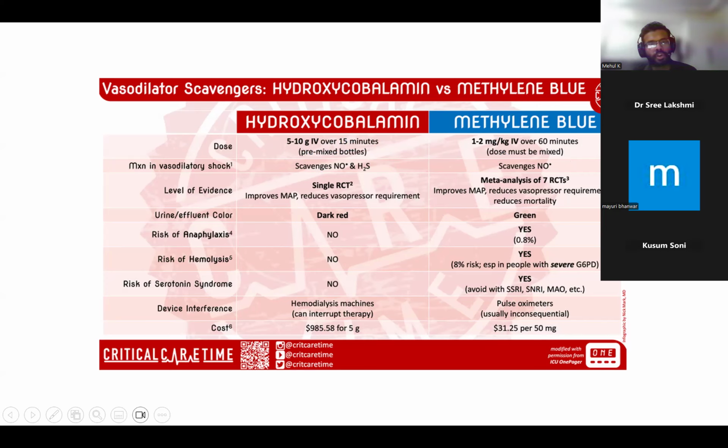These are at present off-label uses, but if a patient is on a third vasopressor, then you have to start thinking out of the box to try and improve the situation. Remember that with both of these agents, you can have alterations in the normal urine color. If you give methylene blue, the urine will turn green, and with hydroxycobalamin, it will turn dark red. That is something to keep in mind while taking care of these patients.